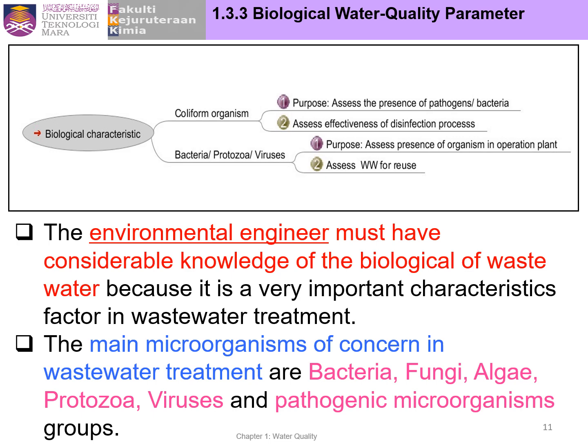So the last part is the biological parameters. Under biological parameters, we are going to learn a lot about the bacteria, fungi, algae, and so on. Okay, so why, as an environmental engineer, should you know about this? Because it is very important for you to characterize the factors in wastewater treatment.